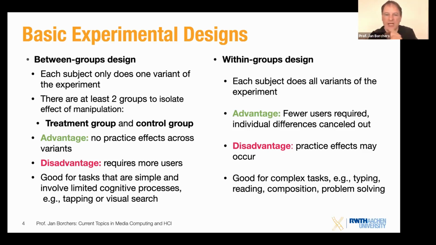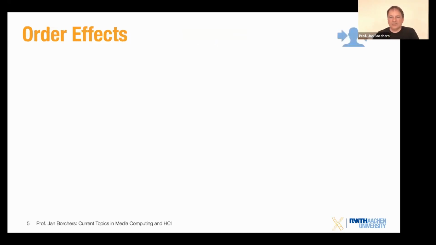And we might swap the tasks around between the conditions, but we're not going to expose one user only to one condition or only the other one, because the individual differences would be too dangerous as an external confounding factor.